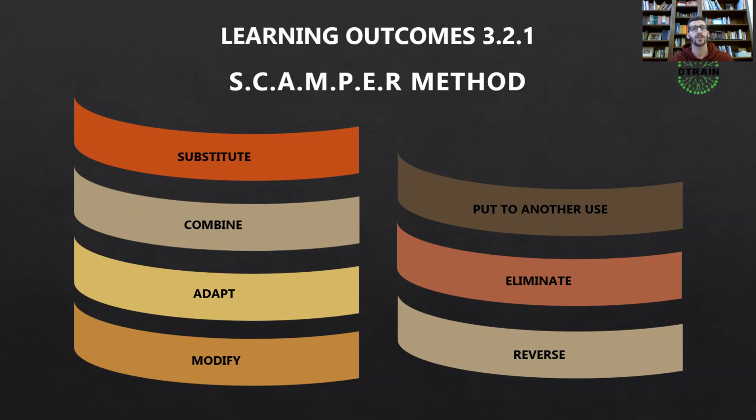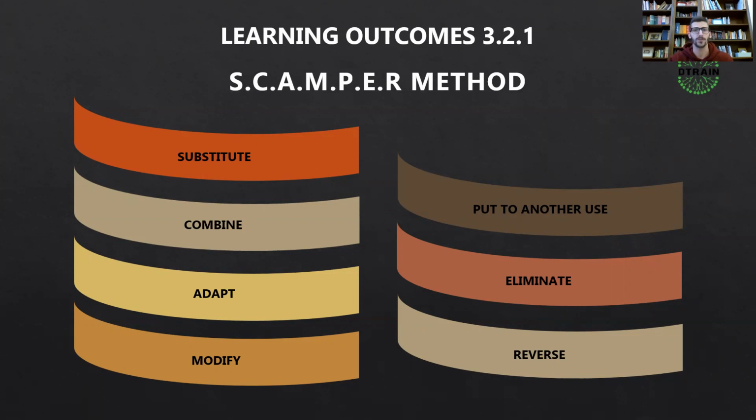The adapt. During this phase of the brainstorming, you have to think about what can be added, optimized, or modified in your product or process to make it better. Modify. This technique refers to changing the process in a way that triggers more innovative capabilities or solves problems.